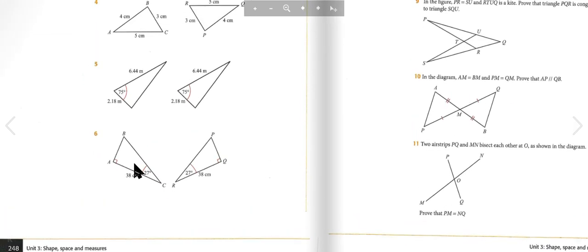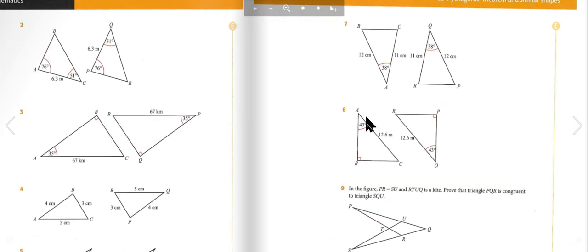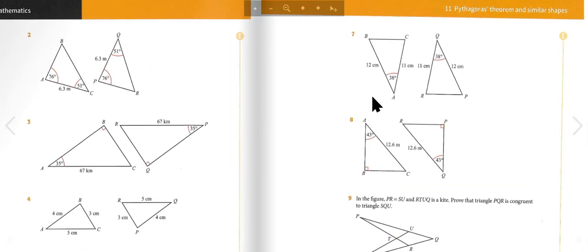Here the triangles are congruent because RSH is satisfied. Or maybe ASA. Both are the same. Here, both of the triangles are congruent because SAS is satisfied. And here, both of the triangles are congruent because RSH is satisfied.